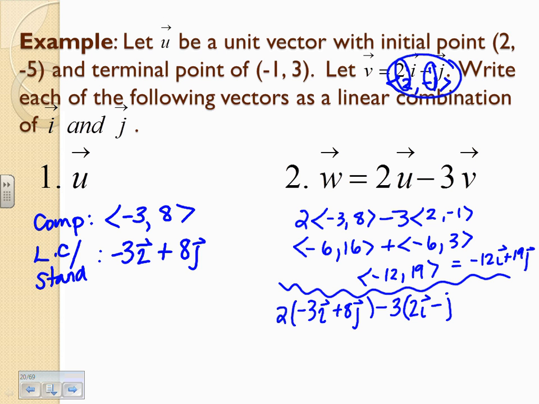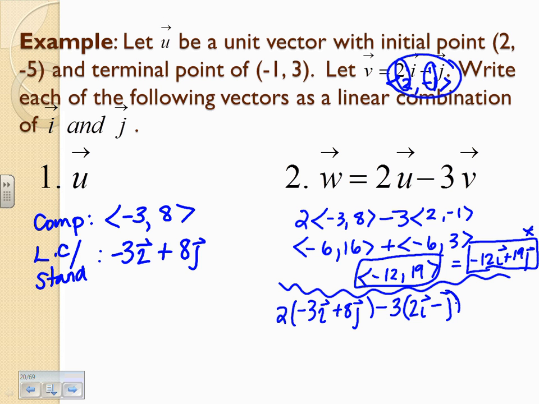Did you see that? And you'll get to the same answer. So what's your final answer? The component form is this guy. It wanted it in linear combination, so that would be the linear combination. So you could just notate both of those. Okay?